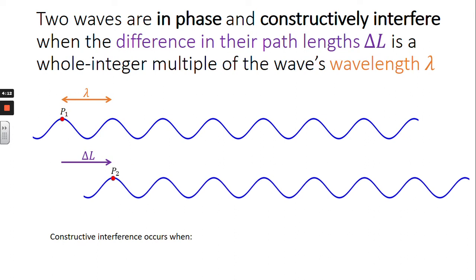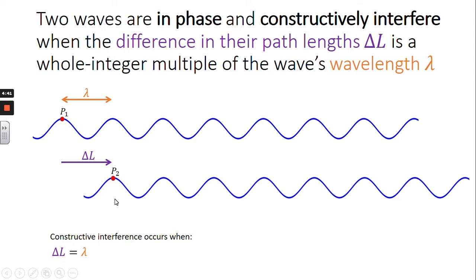If I shift wave 2 over by one wavelength, these waves are still in phase, and so they're still going to add. We get this constructive interference because the amount that I slid point 2 over, the delta length, is equal to one wavelength of wave 1.